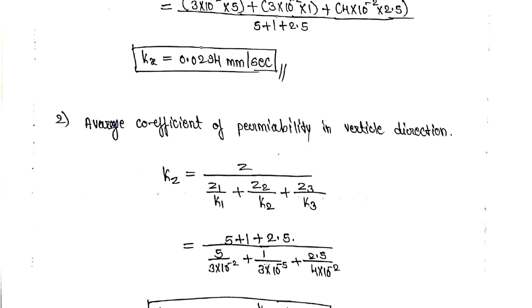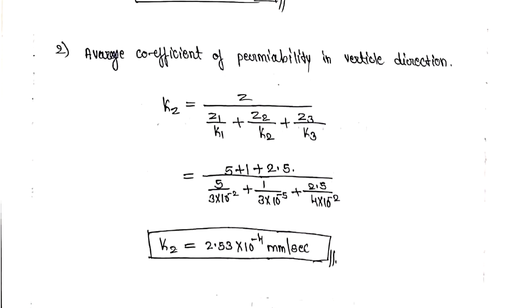Same technique I have used over here. I have not converted the meter into mm because in numerator and denominator I am substituting quantities in meter, so both the meters will get cancelled. With the same trick I have got the value for Kz as 2.53 into 10 to the power minus 4 mm per second.